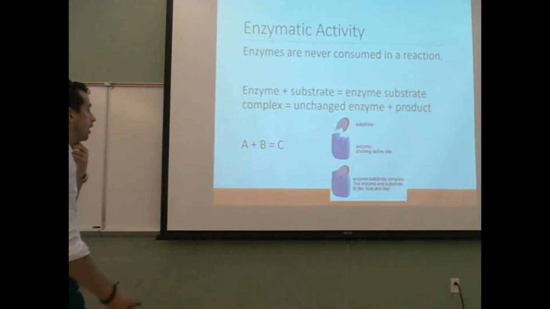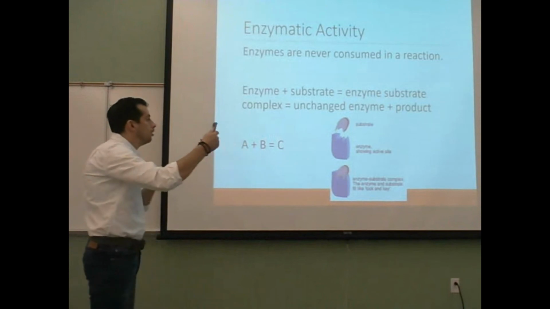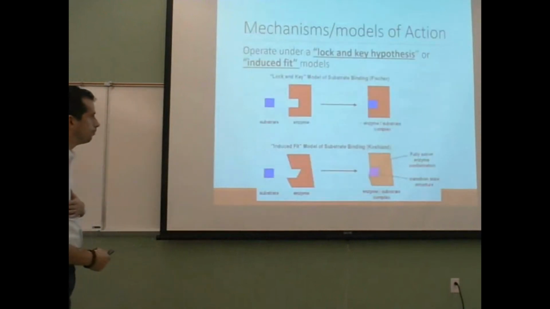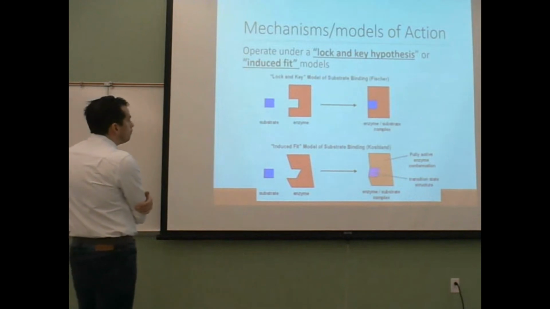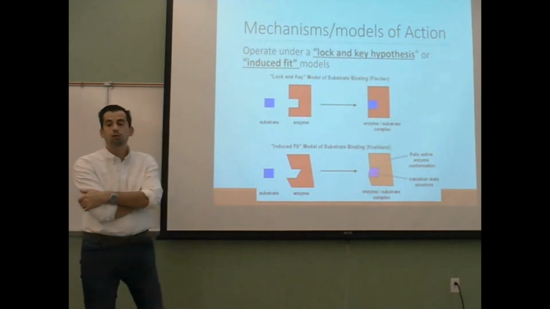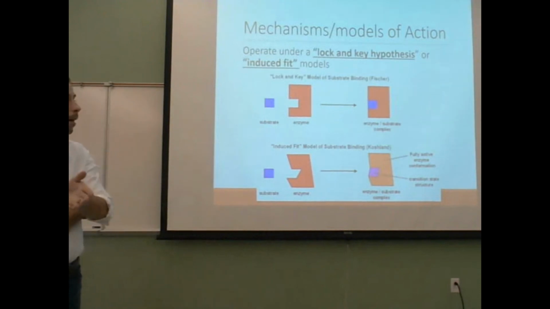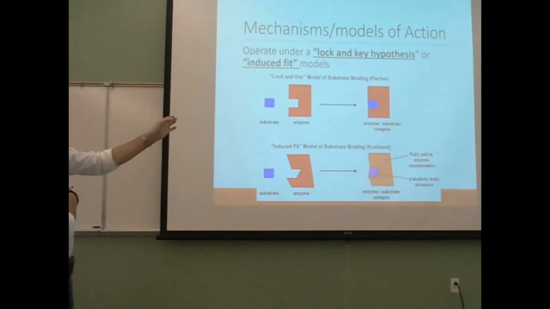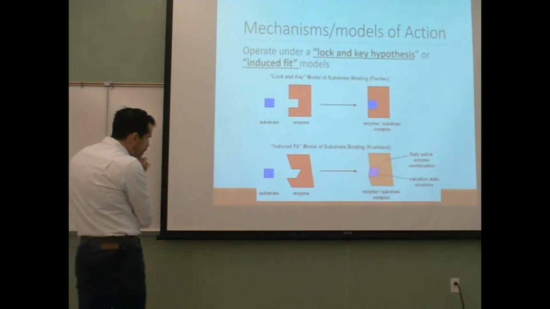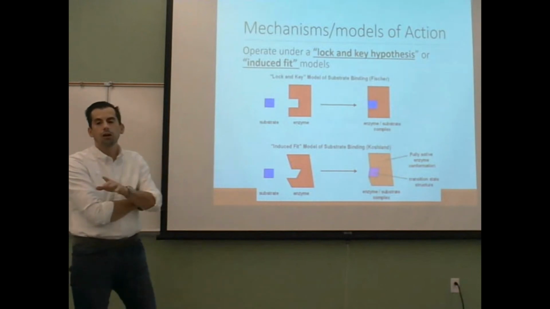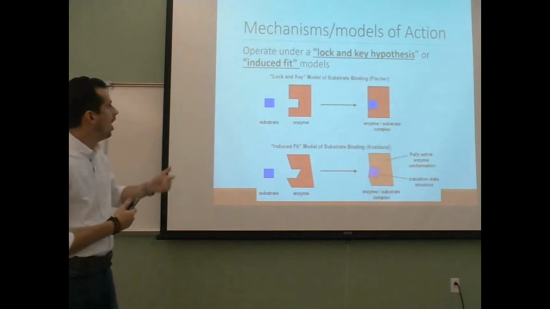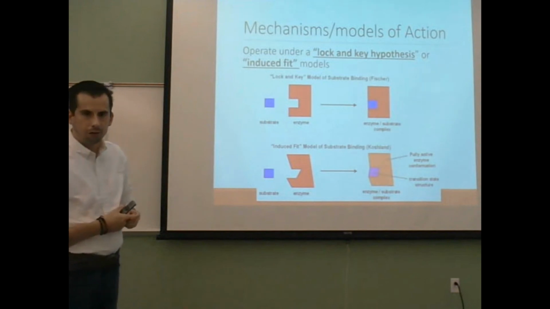It's a physical interaction that helps these reactions take place. Now, this particular interaction has been described using two models. And I've had some problems with students in the past thinking that these are two different terms for the same item, and that's not the case. The two models that we're dealing with are the induced fit model and the lock and key hypothesis.